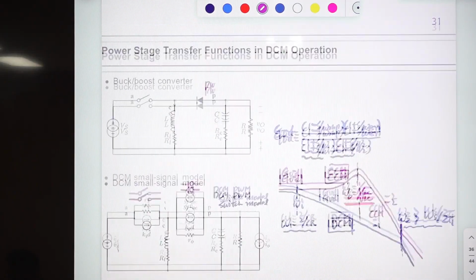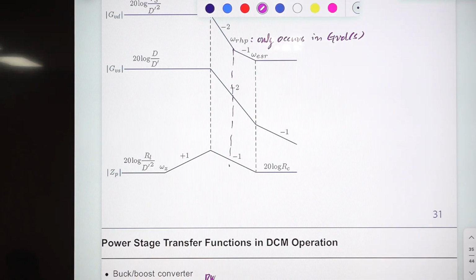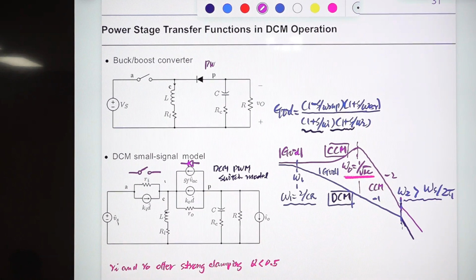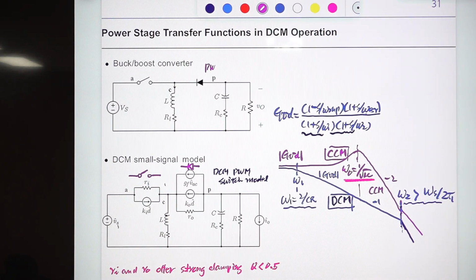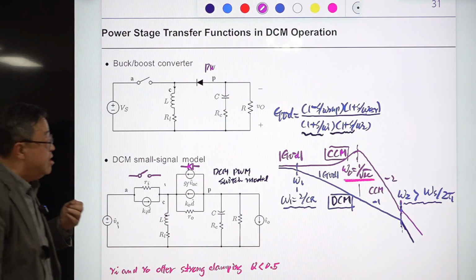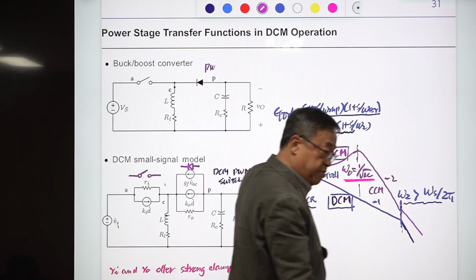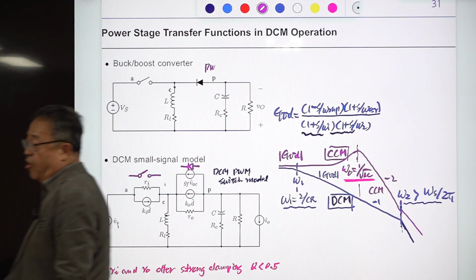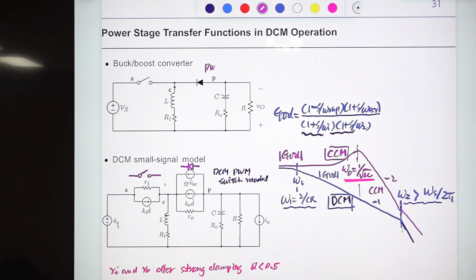All right, so let's move to another topic. That is power stage transfer functions in DCM, right? I said in maybe the beginning of this lecture, there are two operational modes. One is continuous conduction mode, and the other one is discontinuous conduction mode.